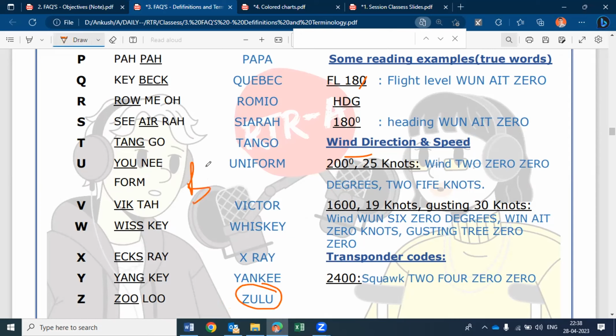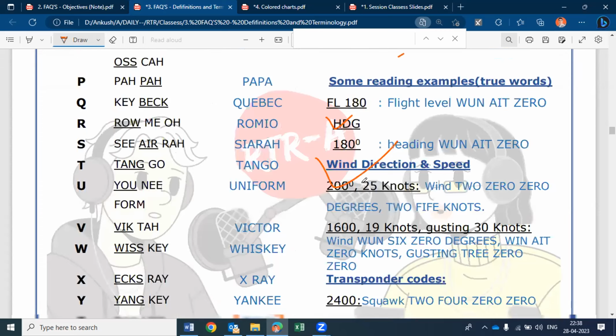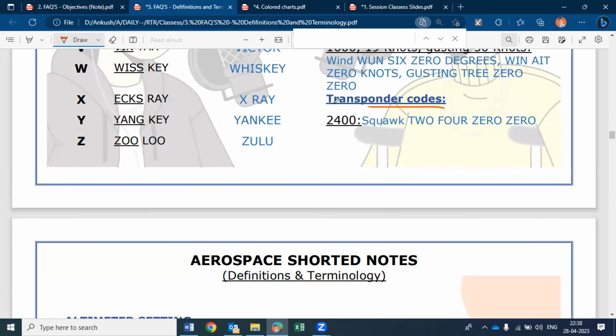If you see sometimes BBN, better to say Bravo Bravo November, so that the listener may understand as per your words. Understood? So these are the reading techniques for wind speed, flight levels, and some transponder codes also.